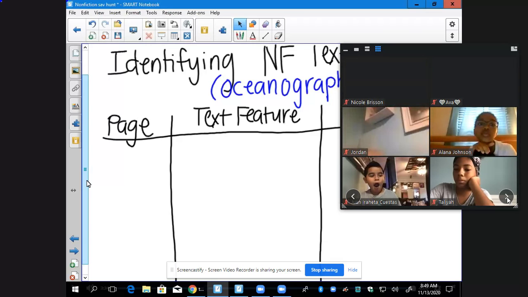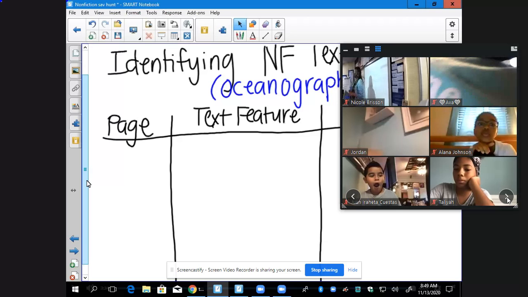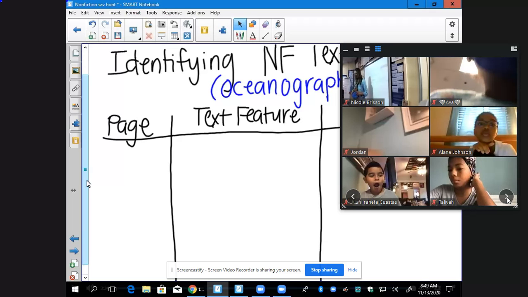Table of contents. Excellent. Someone in Miss Caldwell's class, give me another one. The index. Good. One of my friends in here, give me another one. Layla, you look like you were about to raise your hand. Headings. Very good. Headings and subheadings.